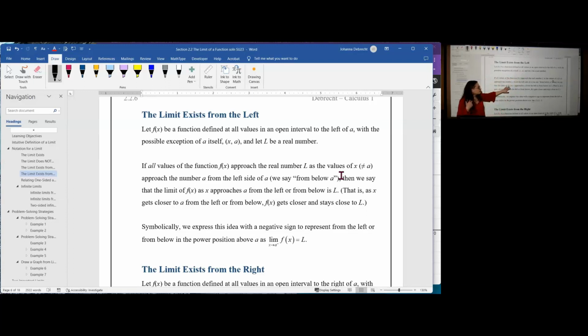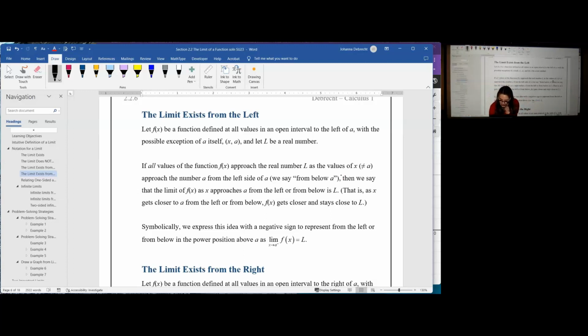And then as long as the function values get very, very close to L as x approaches a from the left side, we say the one-sided limit from the left exists. And we write the limit as x approaches a from the left of f of x equals L.